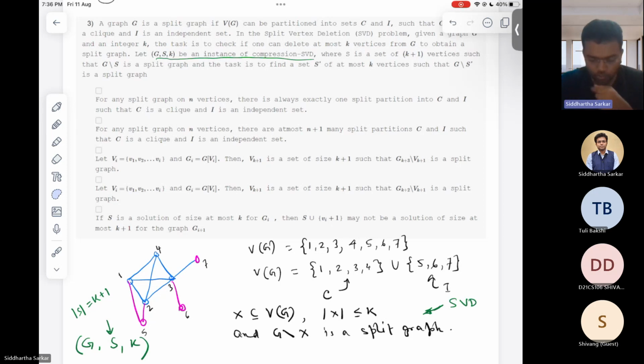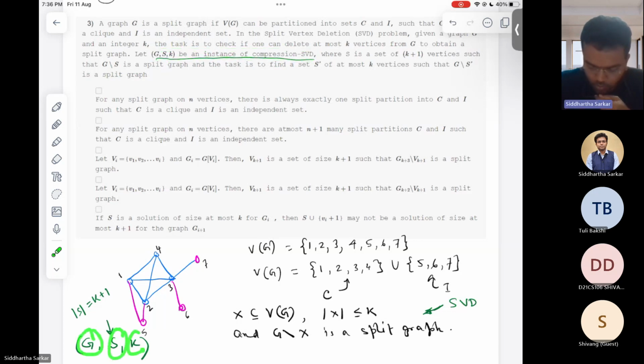So what do we want? The task is to find a set S dash of at most K vertices such that G minus S dash is a split graph. That's what we want. Okay, so you understand the definition of compression SVD now?